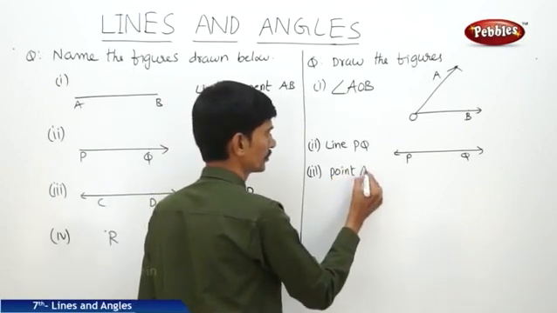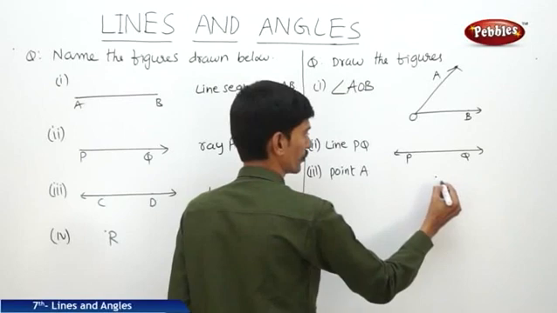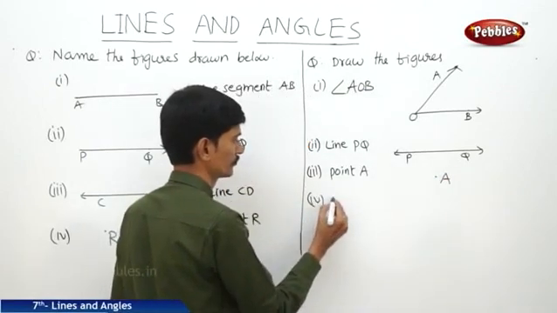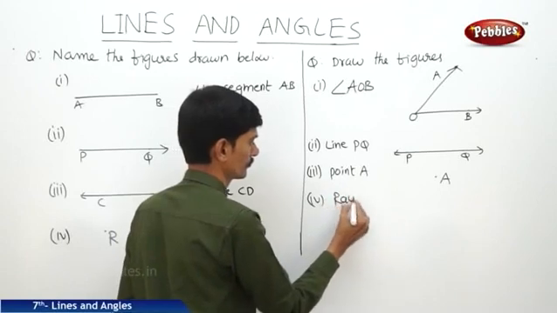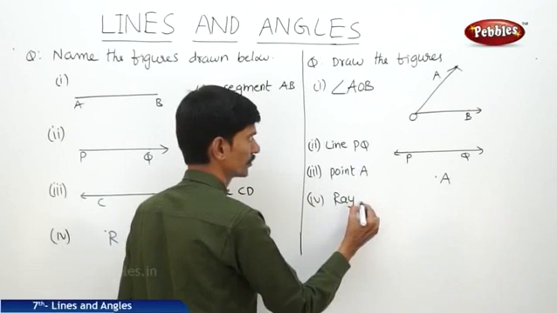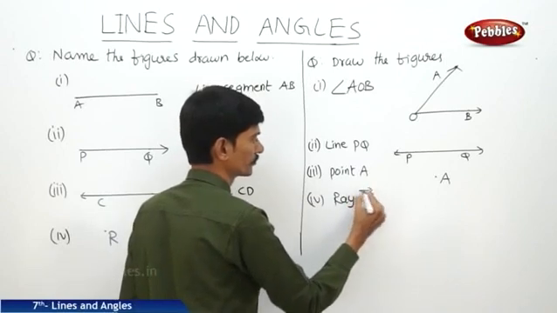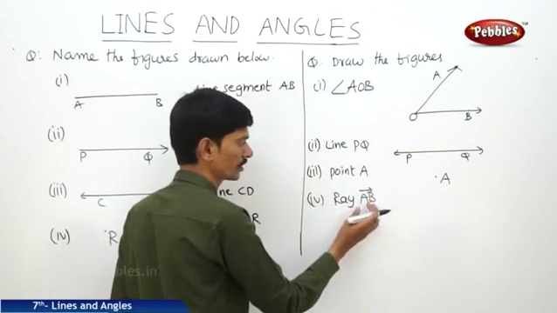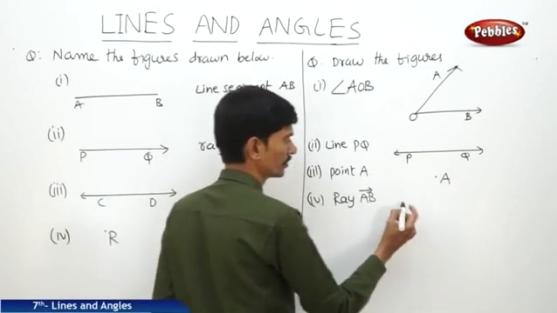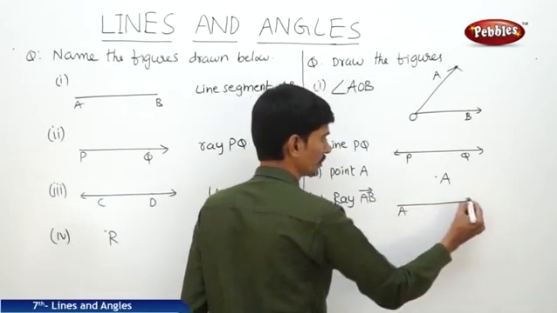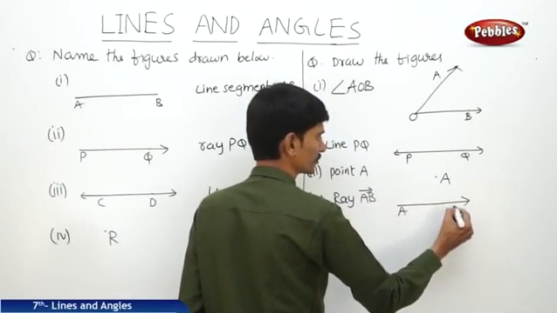Point A. Now this is the point A. Ray AB. Here the initial point is A and it can be extended towards the point B. So here also we draw the same thing. Initial point A, it can be extended towards the point B.